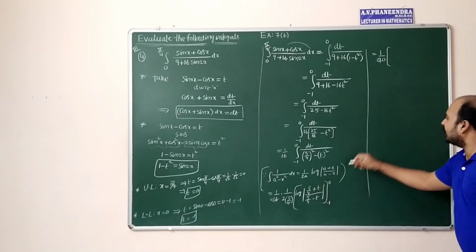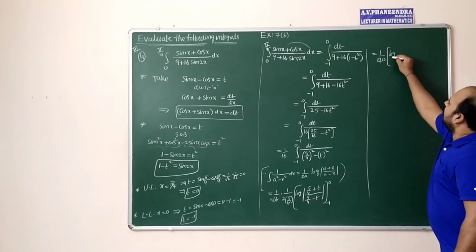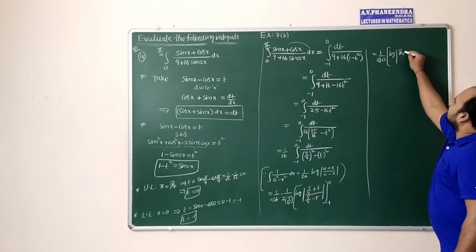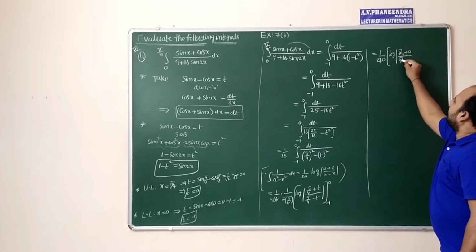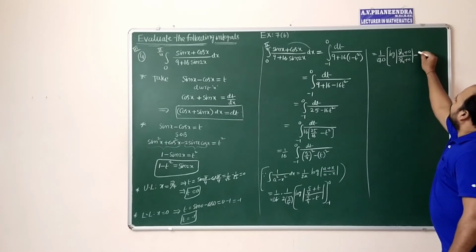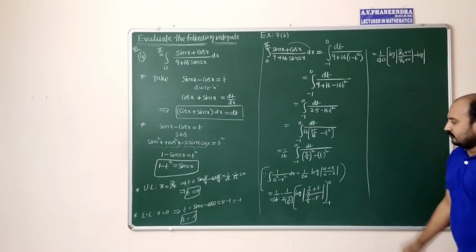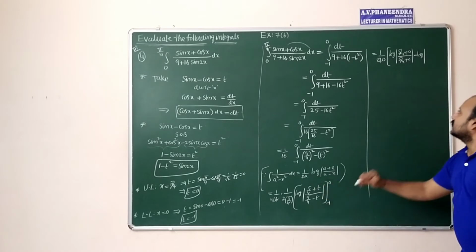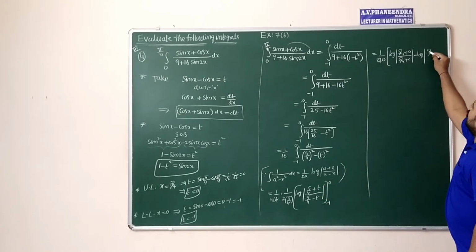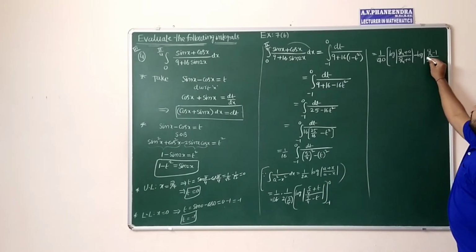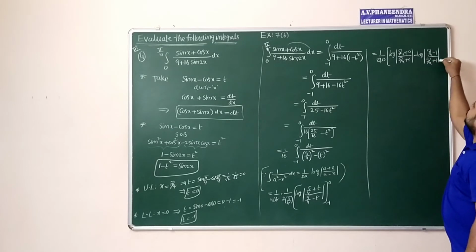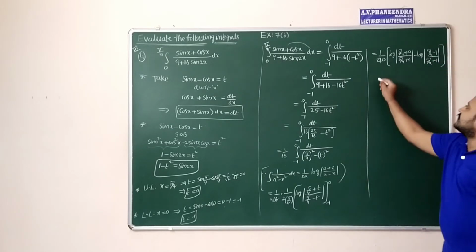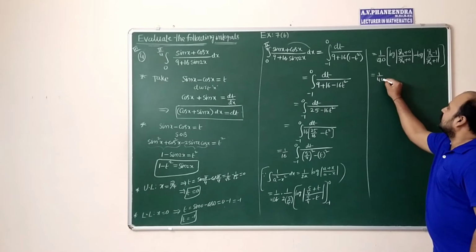So log of 5 by 4 plus 0 divided by 5 by 4 plus 0 minus log mod, in place of t lower limit 5 by 4 minus 1 divided by 5 by 4 minus of minus 1 plus 1, which is equal to 1 by 40.